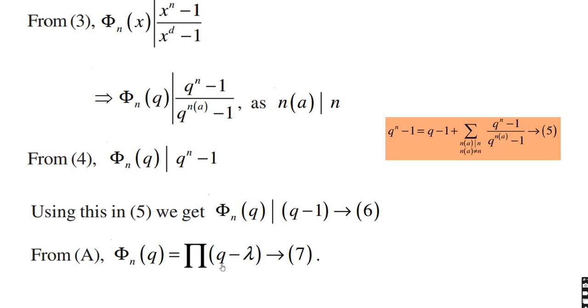So x over there is a number, as was discussed here. So q minus lambda, from the very first statement that we gave, you have this. Now name this as 7.